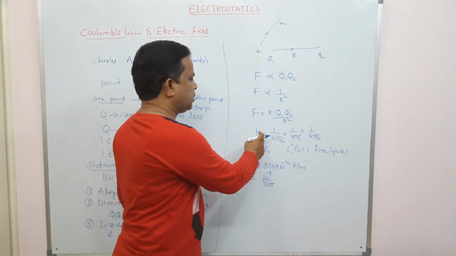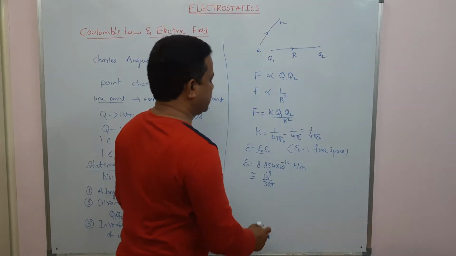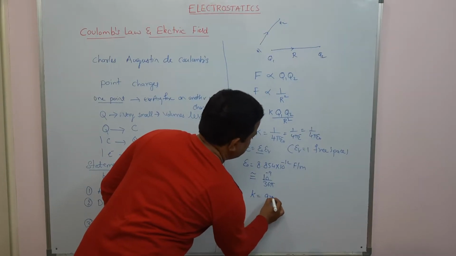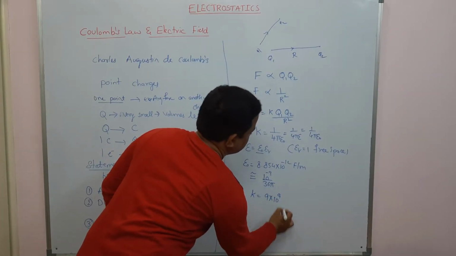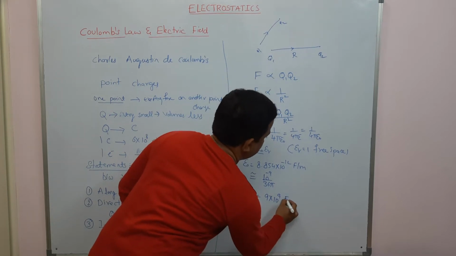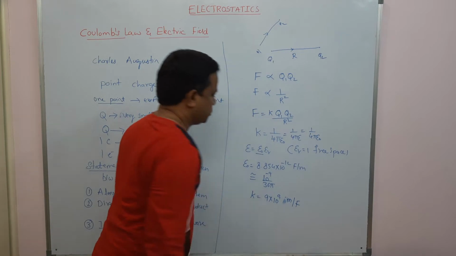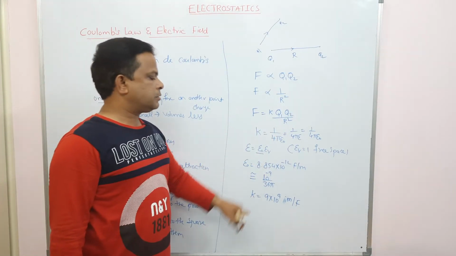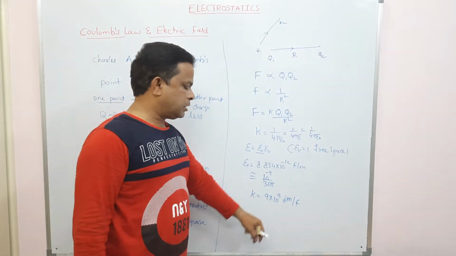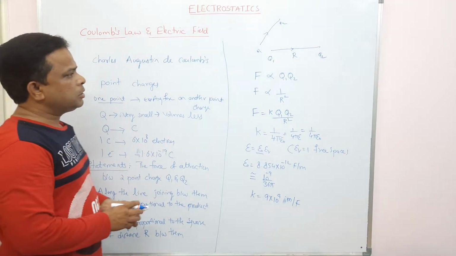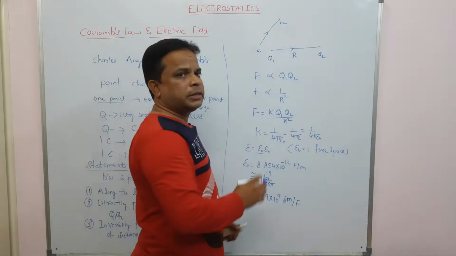By keeping this value we can get k as 9 into 10 to the power of 9 meters per farad. So k is equal to 9 into 10 to the power of 9 here.